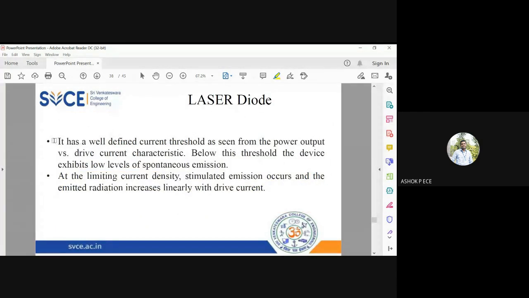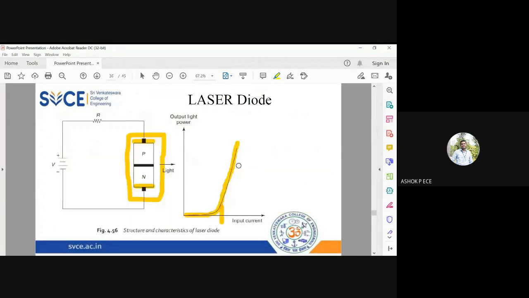From the power characteristics, until a particular point the current is very small, and after that the current increases and the power increases. The current at which the power starts to increase is called the threshold current. Below threshold, I will have spontaneous emission, just like an LED.